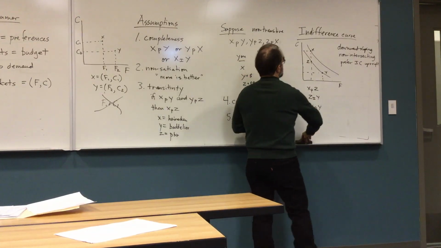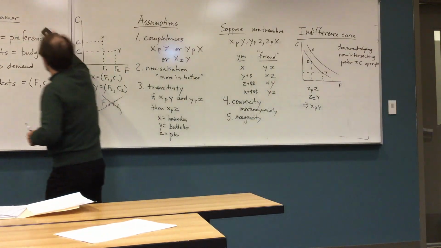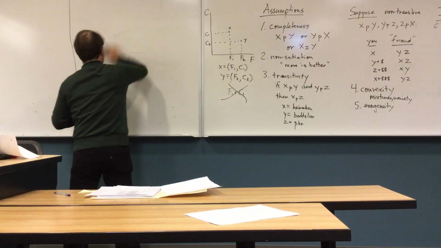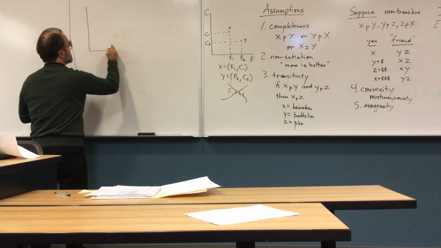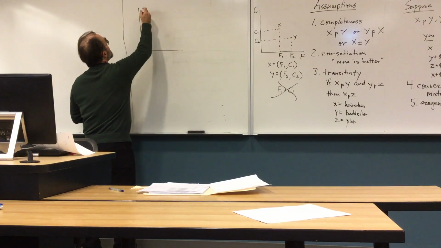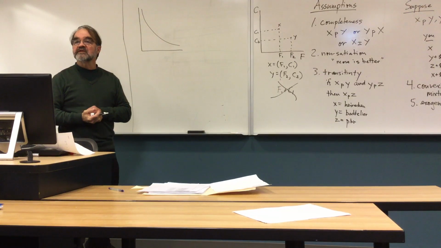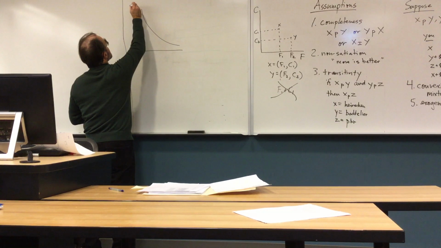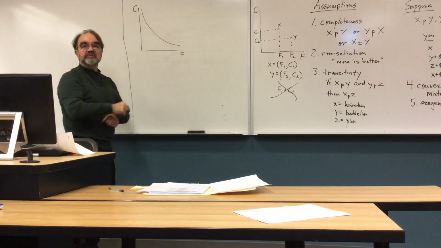Okay, so I'm making a lot of use of this graph here. Why don't I instead move over here? There's another property of indifference curves, and that relates to the slope. I'm just going to assert to you for the moment that indifference curves tend to have a slope which looks like this. Let's see, clothing and food. Anybody know what this shape is called?